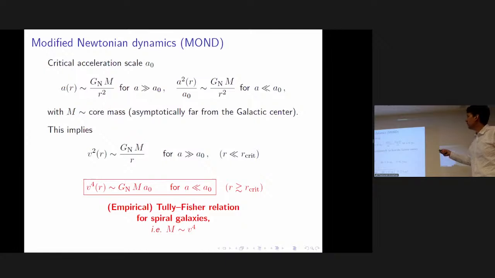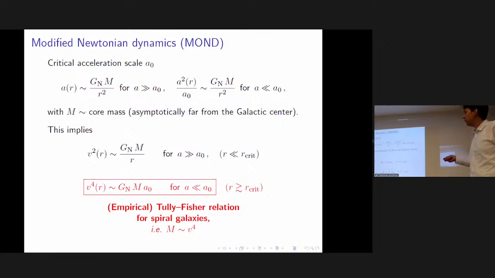And this behavior basically implies that for short distances, at least short astrophysical distances, we recover the standard Newtonian description of the orbital velocities, whereas as we move away from the galactic center and as we approach the outer region of a galaxy, of a spiral galaxy typically, we get a flattening of our galaxy rotation curves.